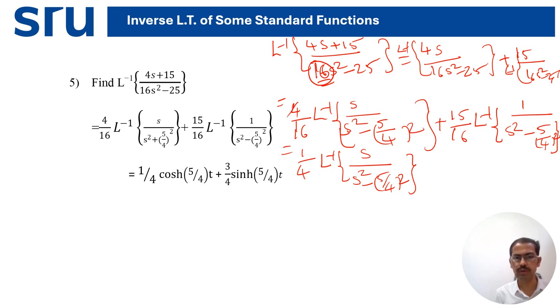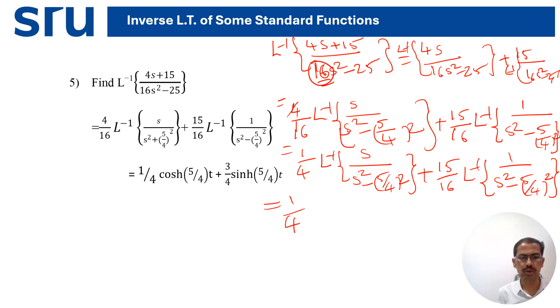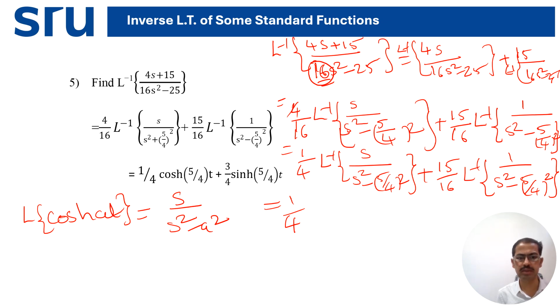Now, 15 by 16 times the inverse Laplace transform of 1 by s square minus (5 by 4) whole square. This is equal to 1 by 4 into, you know, the Laplace transform of cosh at is s by s square minus a square.